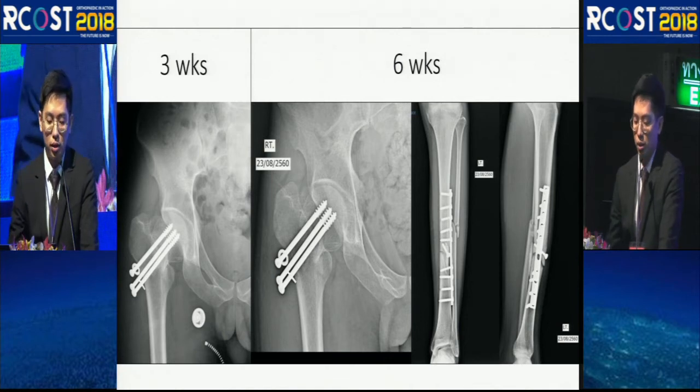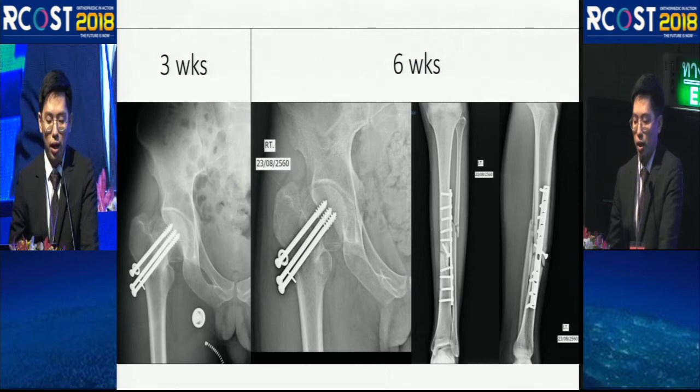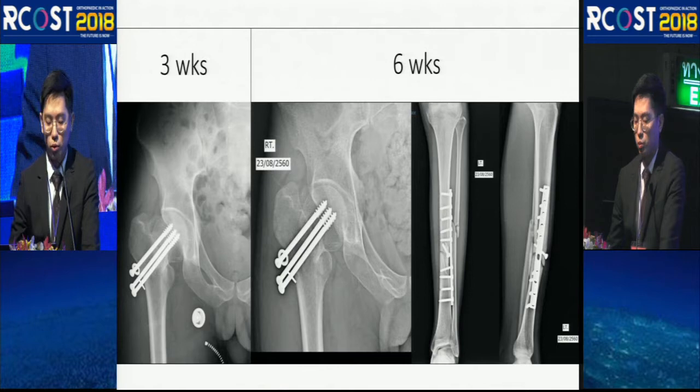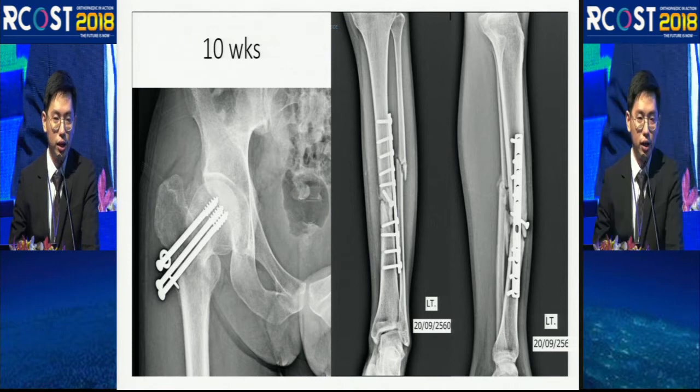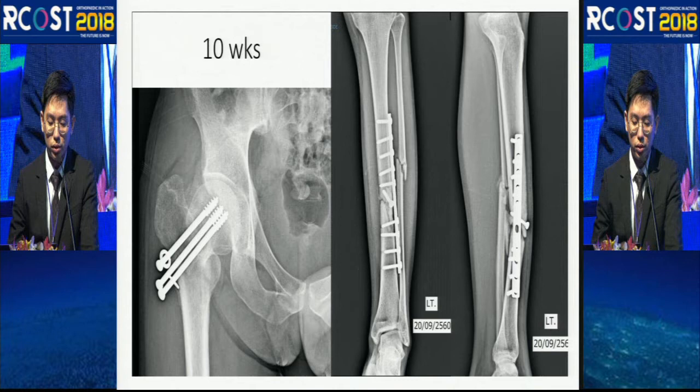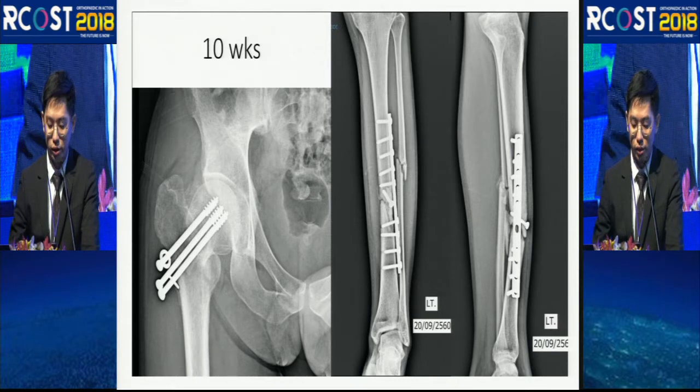After 6 weeks, the radiograph was the same as at 3 weeks, and the tibia looks like acute post-op. At 10 weeks, we notice that the plate at the tibia began to pull out, and the anterior angulation increased.